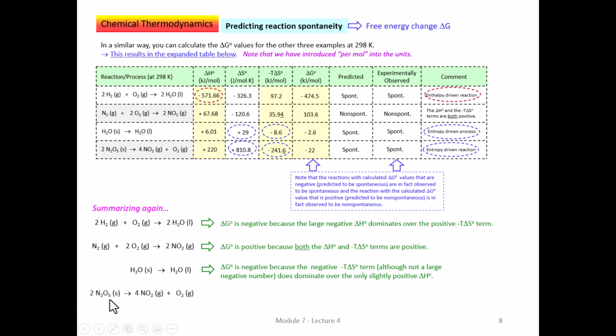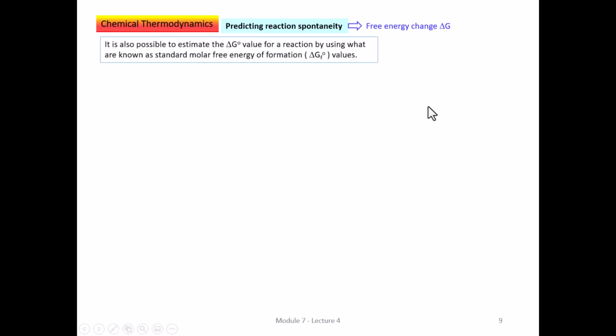And for the decomposition of N2O5, delta G is negative because the large negative minus T delta S term dominates over the positive delta H.